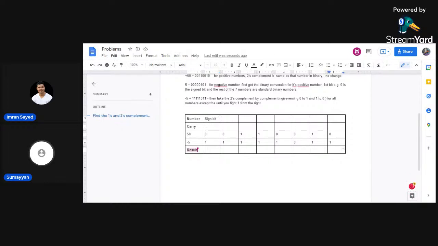So 0 plus 1 is 1, 1 plus 1 is 0, 1, 1, 1, 0, 1, this is 1 1 and 0 1.